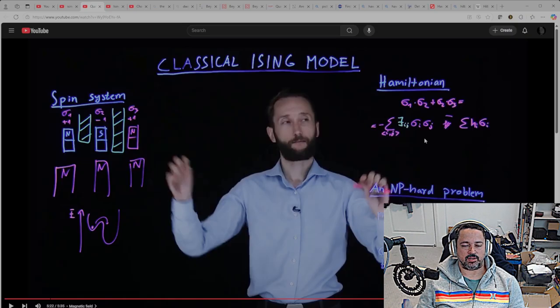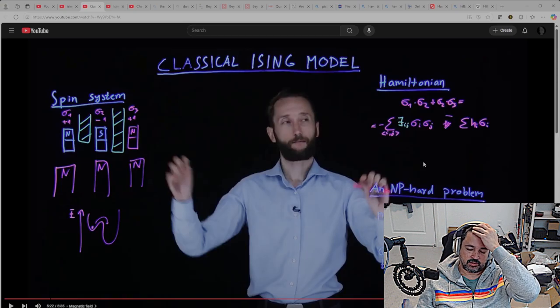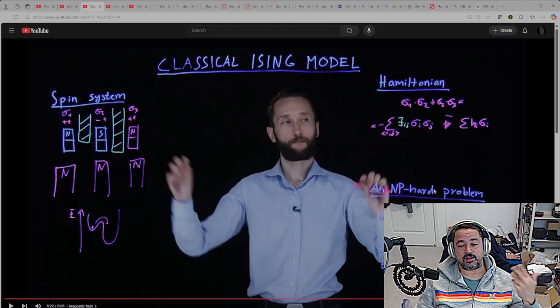And if you can program an Ising model into a quantum annealer, which is what D-Wave have done, and you can solve it now, then already right now there is a set of NP-hard problems that can be efficiently solved with quantum computers.